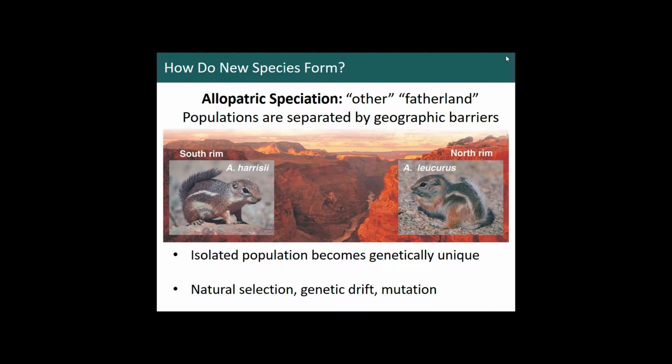And over that evolutionary time, if you look at these species now, on the south rim of the Grand Canyon, we have the Harris's antelope ground squirrel, and on the north rim, we have the white-tailed antelope ground squirrel. They're no longer the same species. They've been separated by this giant geographic barrier for a long period of time.